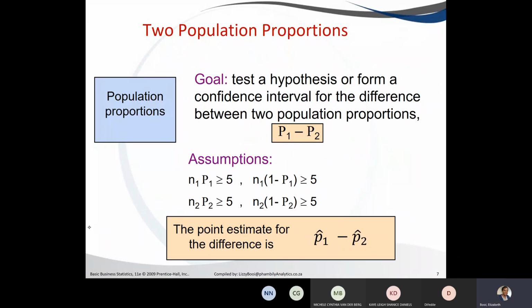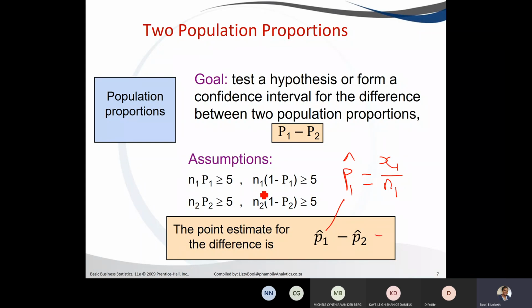sample proportion P1 is given by the number of observations that satisfy the condition in sample 1 divided by the sample size of sample 1. So you will be given the X value and you will know what your sample size is, and then you can calculate your sample proportion.